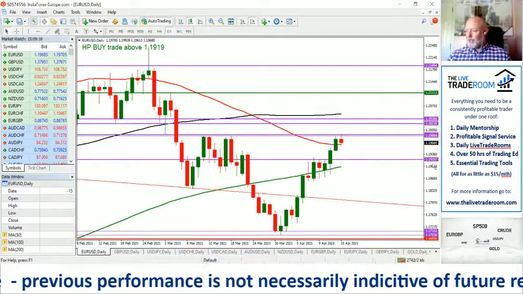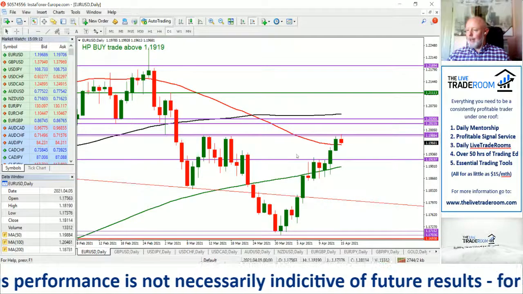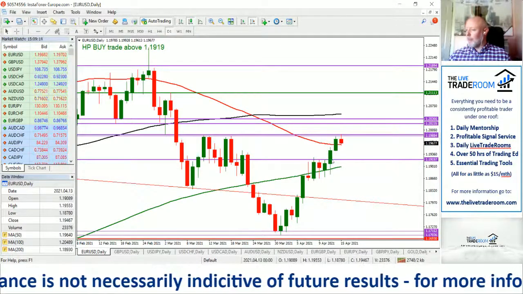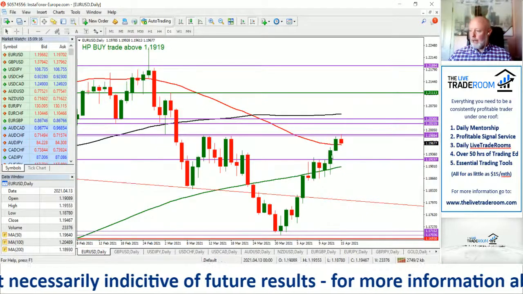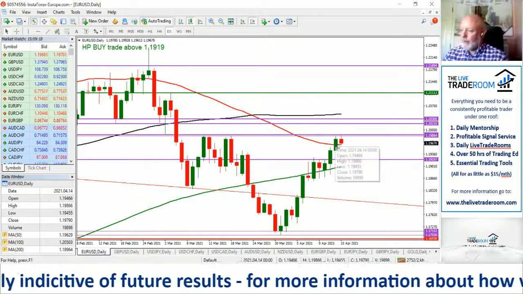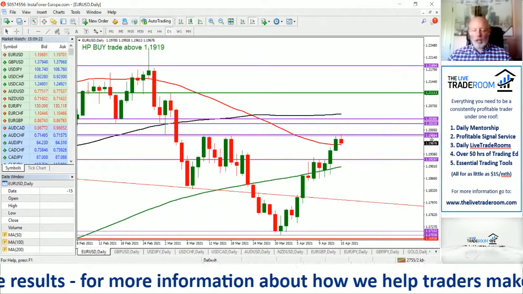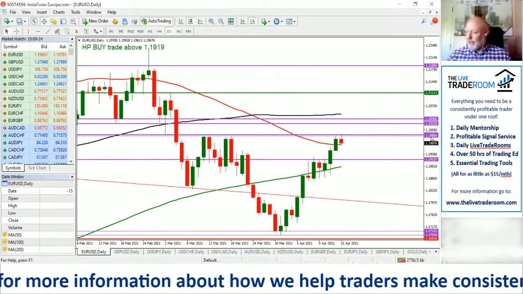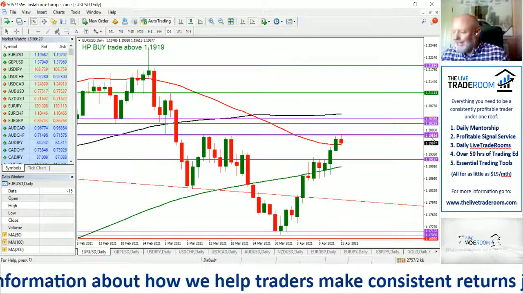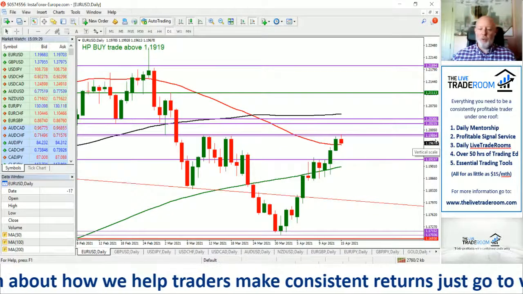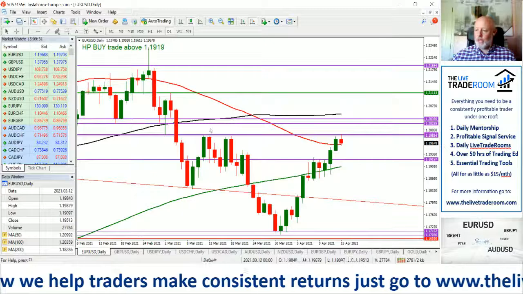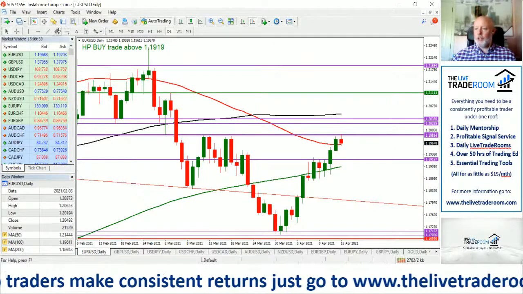If you were with us 2 days ago, you would have heard the 1919. That's our high probability buy trade for the euro dollar. We've pushed above the 50 period moving average, and the next hurdle to the upside is above the 120, or in this case the 119.88. So only 12 pips off the 120 level, and that's an important psychological level.